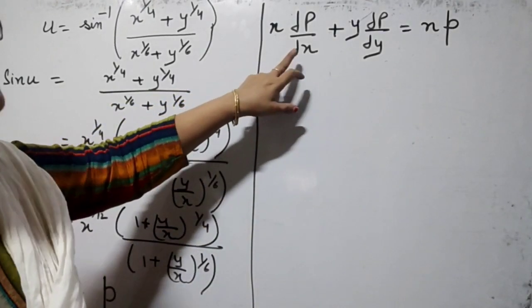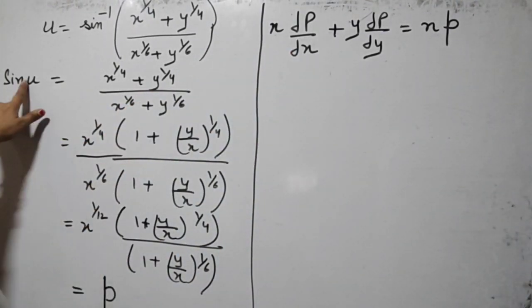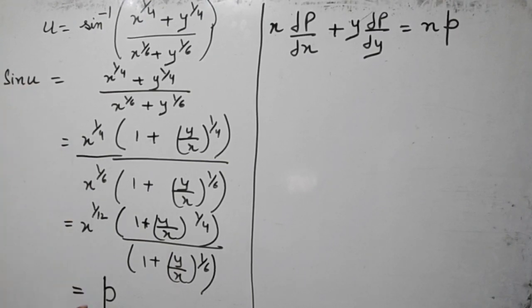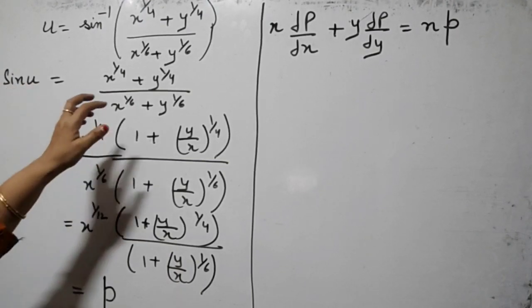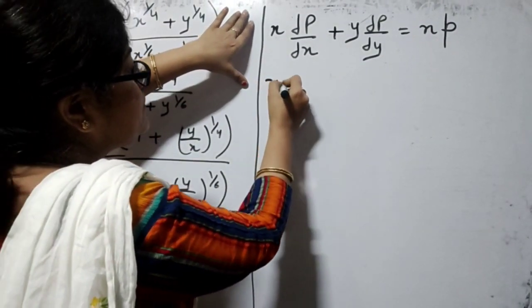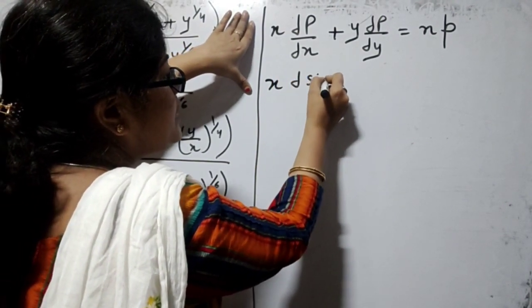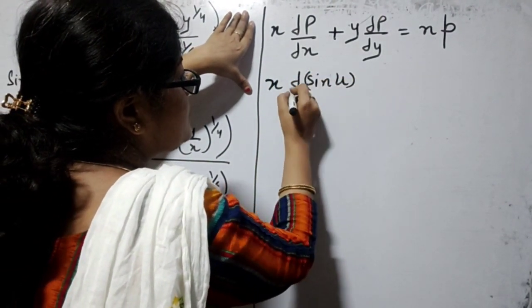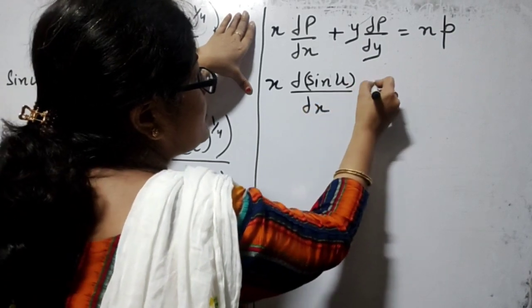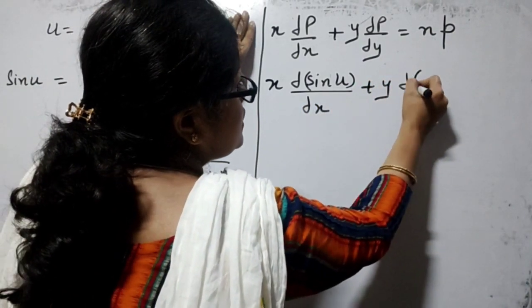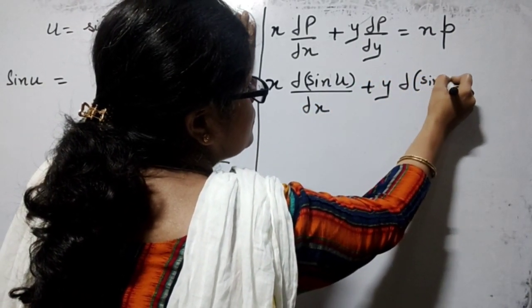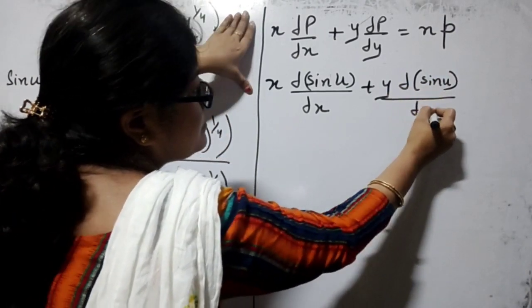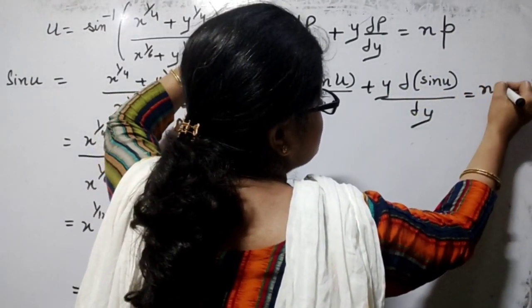Note this. Now the value of p is equal to sin u. So we put in the values, and we get x times the differentiation of sin u with respect to x, plus y times the differentiation of sin u with respect to y, equal to n sin u.